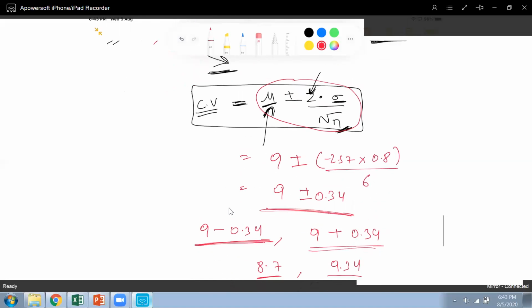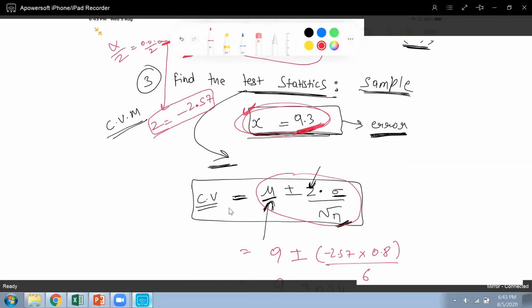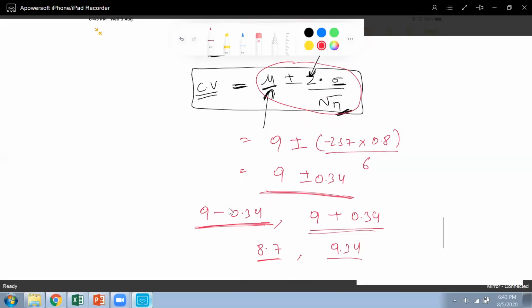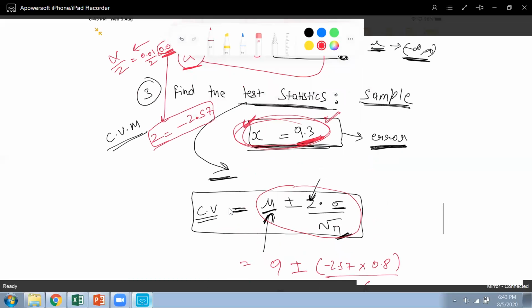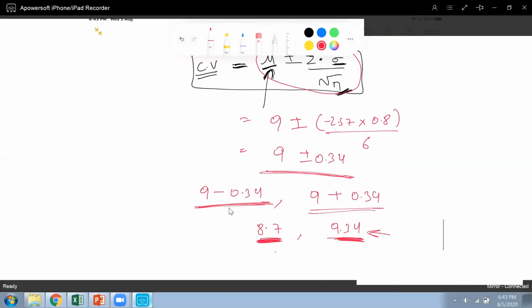Here my null hypothesis is accepted. Is this value lying within the critical values? This will be my lower critical value, this will be my upper critical value. Is the sample data lying within these critical values? Yes, sir. So that means we will accept the null hypothesis.